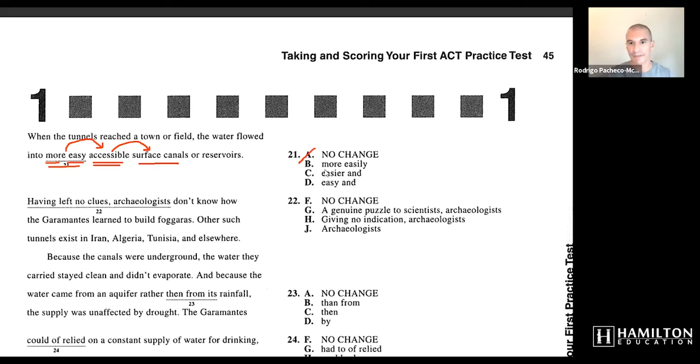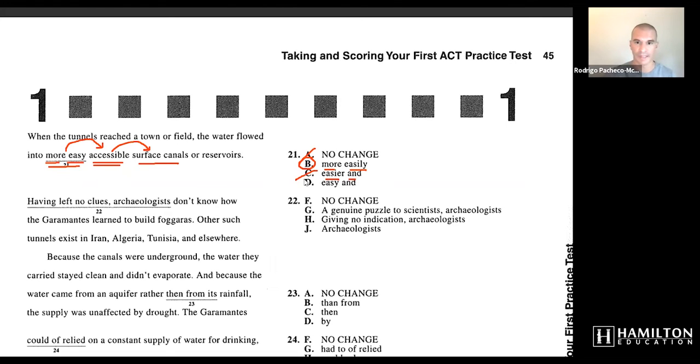B, we have the comparative form here and the adverb that we need, more easily accessible. More easily accessible. This is why B is our correct answer. C, here we use the comparative form of the adjective, and we have a conjunction, but again, what we need here is an adverb that can modify accessible.